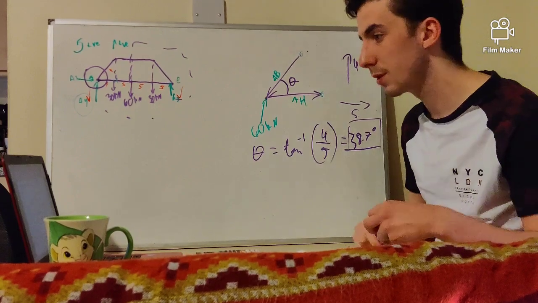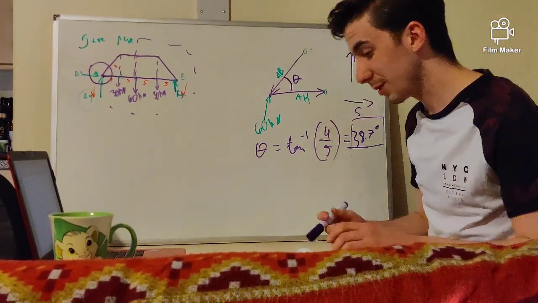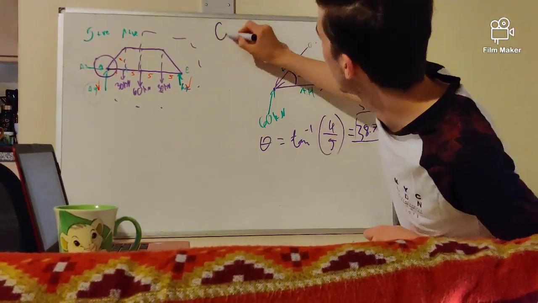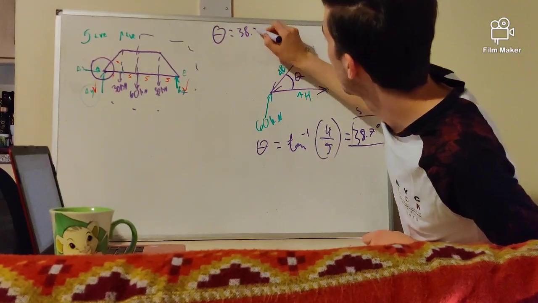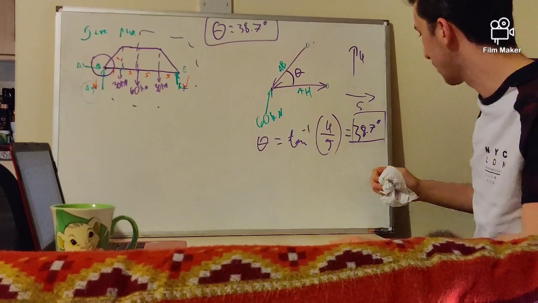Degrees, not radians, because it just makes the math easier for now. I worked it out in degrees, so oh well. So we now know what theta is. So I'm going to leave that up there, 38.7 degrees. No, I'm not going to lose that because it's on there.